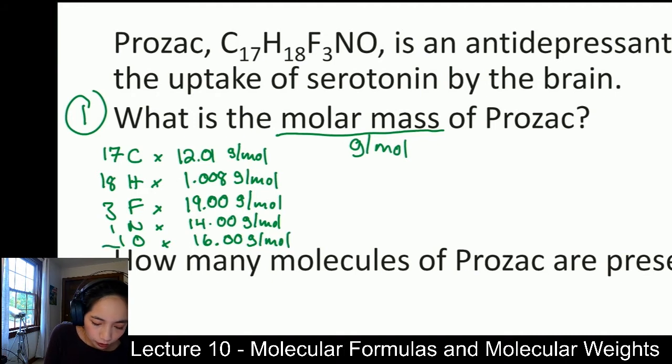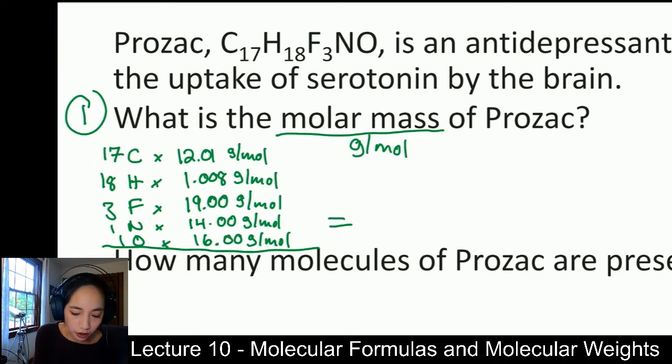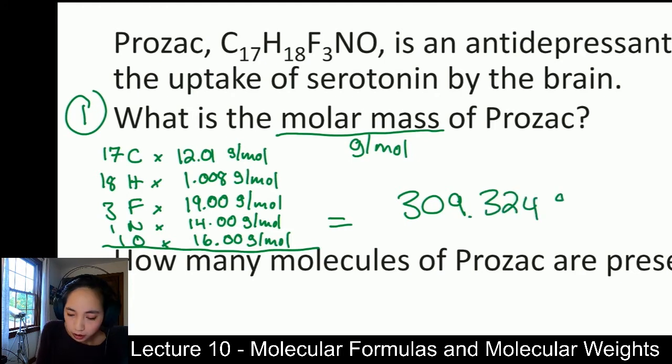So if you take into account the subscripts and the 17 carbons and all that, put that into your calculator, you'll get that the molar mass is 309.324 grams per mole.